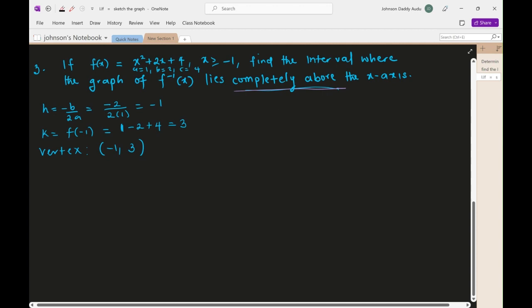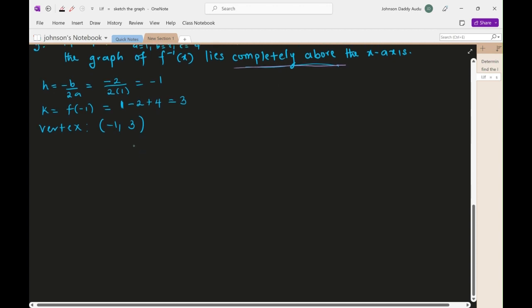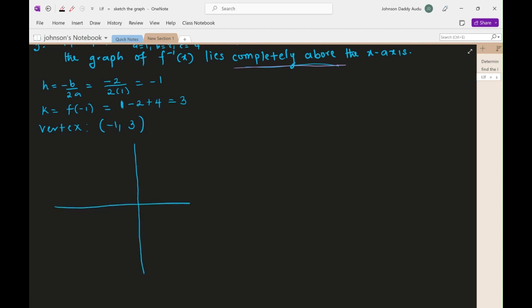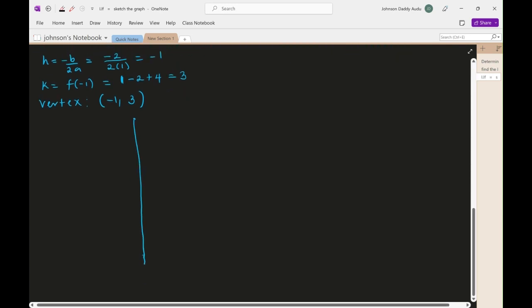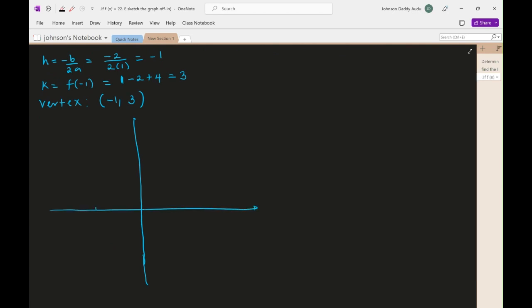Okay, now let's sketch this graph. Let's do it here. So minus 1 and 3. So minus 1 somewhere here, and positive 3. Let's keep it here. Let's go down a little. I need more space. Minus 1 and 3.